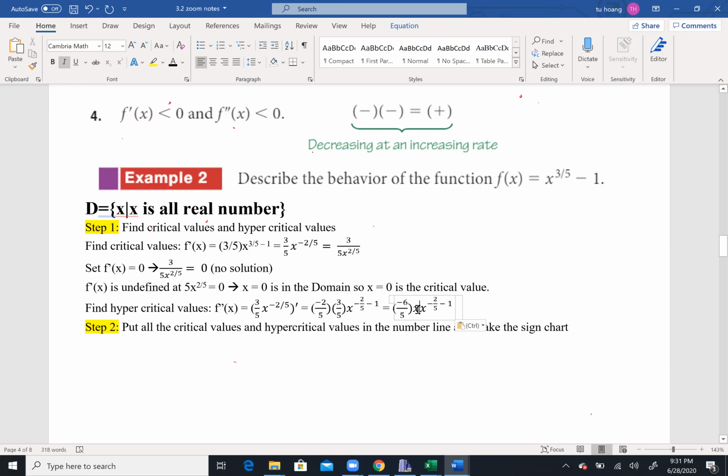So -2/5 minus 1 will be equal to -2/5 minus 5/5. That's going to give me -7/5.